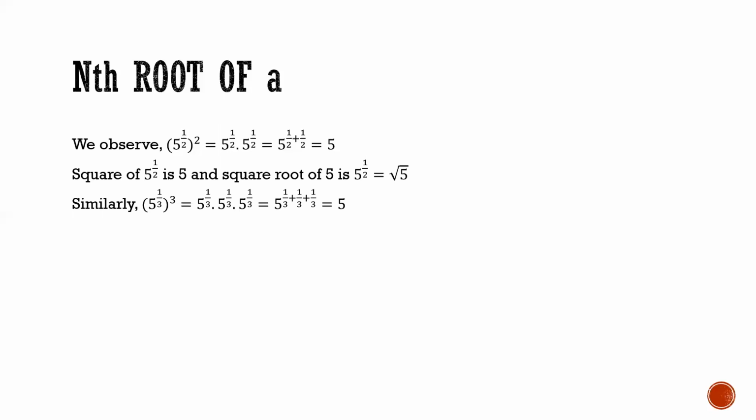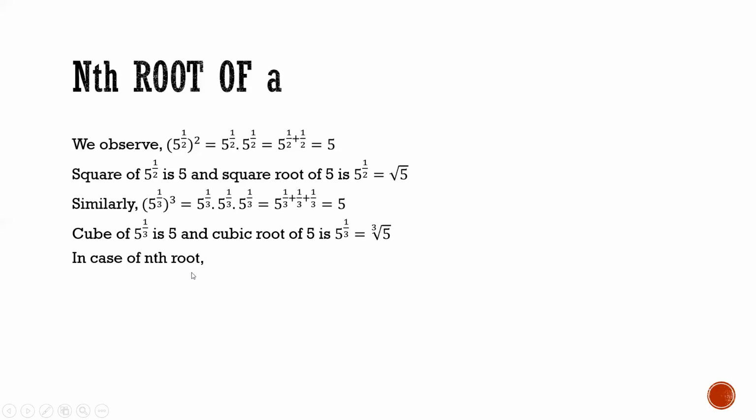So 5 to the power 1 is equal to 5. Here we can see the cube of 5 to the power 1 by 3 is 5, and the cube root of 5 is 5 to the power 1 by 3. This is exactly the symbol of the cube root, and this, we know very well, is the symbol of the square root. Now we want to find the nth root.